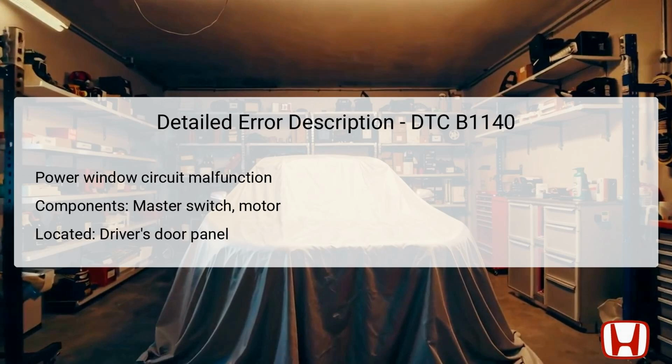Meanwhile, the power window motor is situated inside the driver's door, directly connected to the window regulator, which is the mechanism that actually moves the window up or down. If the circuit isn't functioning correctly, the system cannot determine the position of the window, leading to a malfunction. Having a clear understanding of these components and their locations is essential for effective troubleshooting and repair.